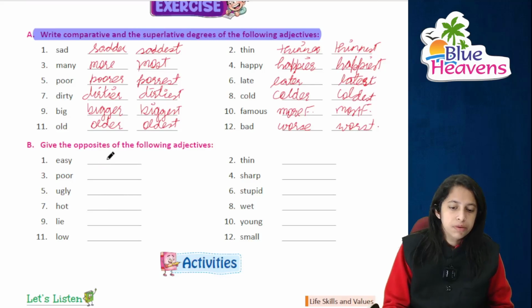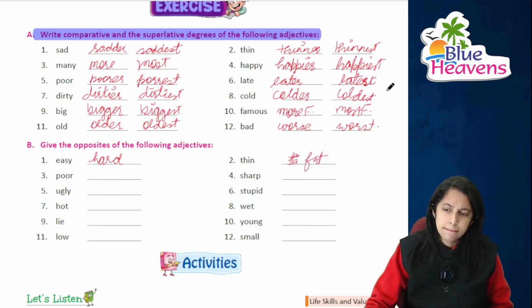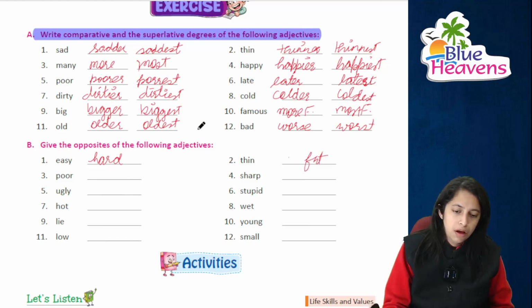You have to give the opposites for this. Easy, of course hard. Thin, thick. You can write fat. Let me erase this. Poor, rich. Sharp, blunt. Ugly, beautiful.